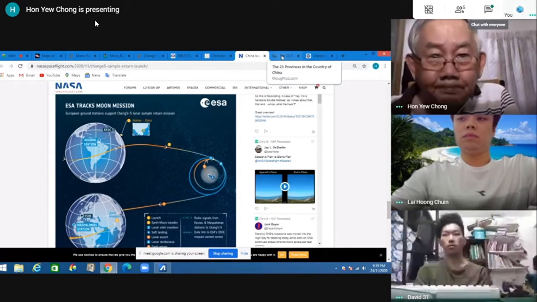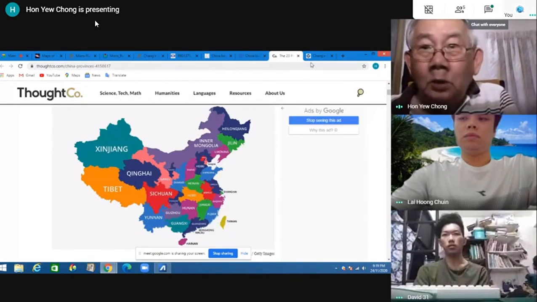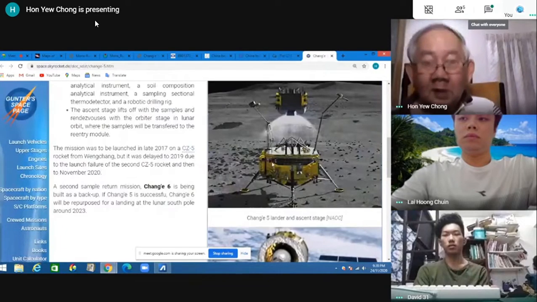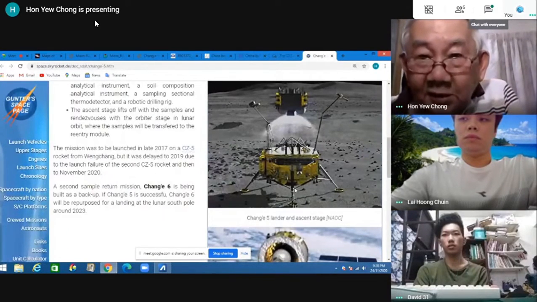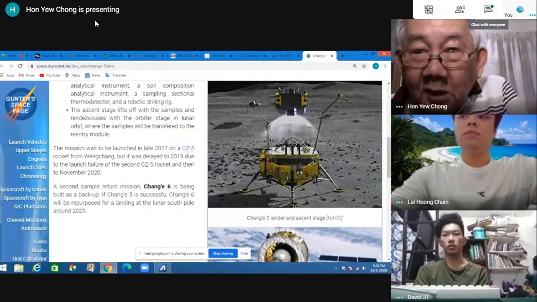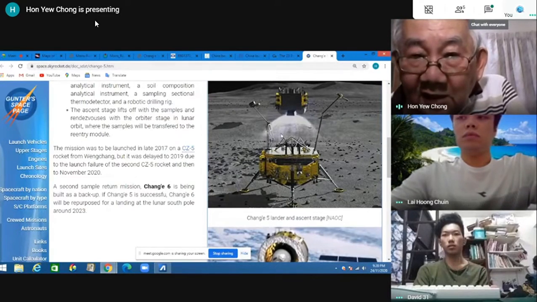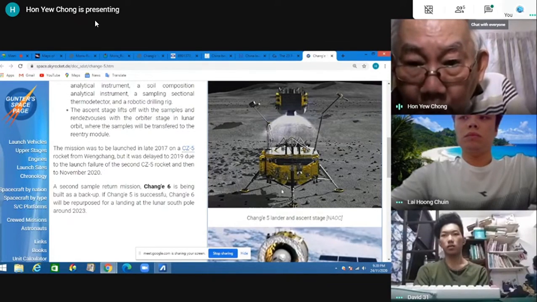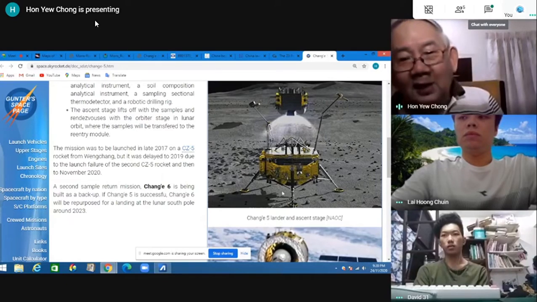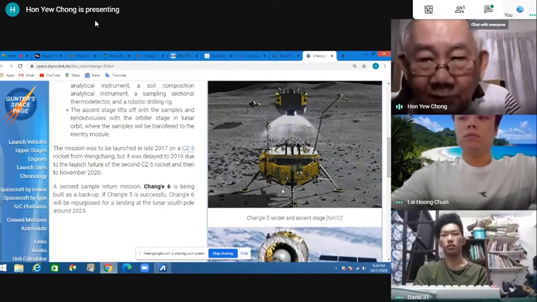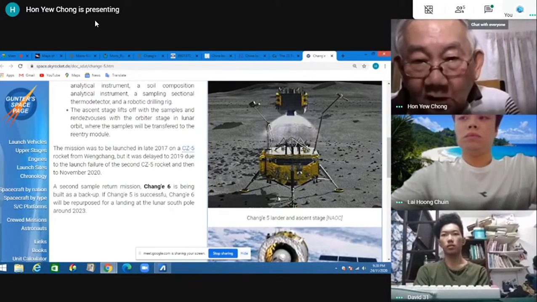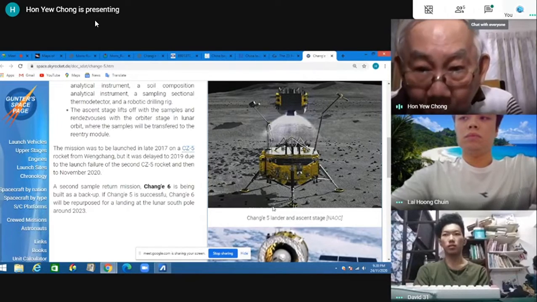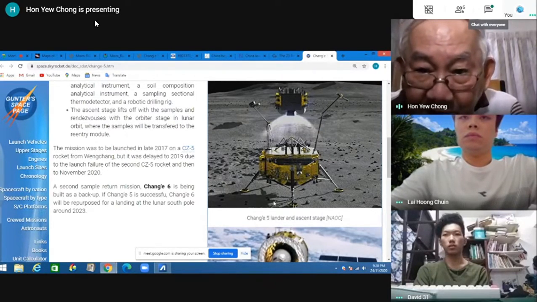So now we go to the most important part. This is the simulation: the ascender is going up and the lander remains on the moon. But before that, there's a drill which drills into the moon surface, called a coring drill. You go down about 2 meters, and from the top of the surface down to 2 meters, the whole amount is taken out.